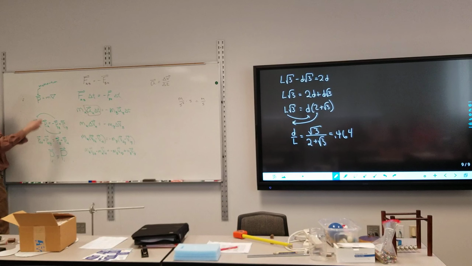This force times time, right here. Notice if we keep trailing, I don't switch sides until after this step. So this left-hand side, this force times time, is just equal to the change in momentum. So I can write a separate equation over here, that the force times time is equal to the change in momentum.